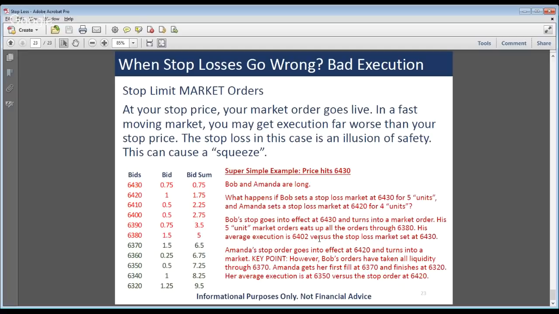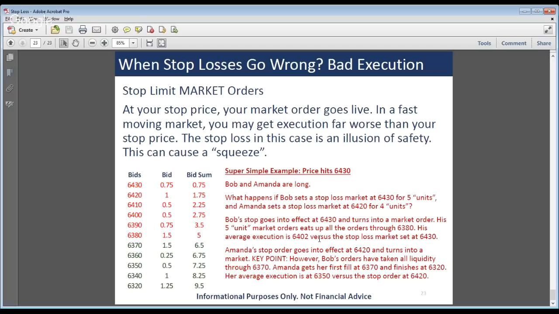Now he set a stop loss market at 64.30, so he had $28 of slippage between where he set the stop loss and where it got executed. But it's a lot worse for Amanda. Her stop loss market order goes into effect at 64.20 and turns into a market order.